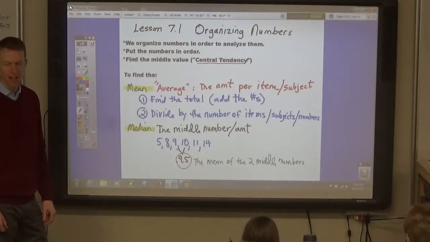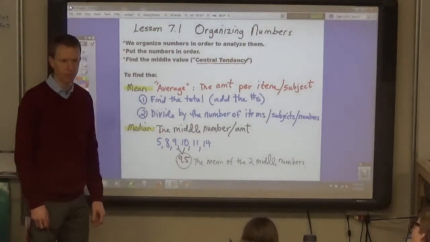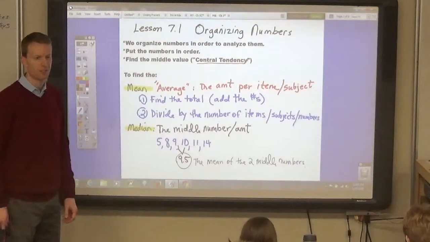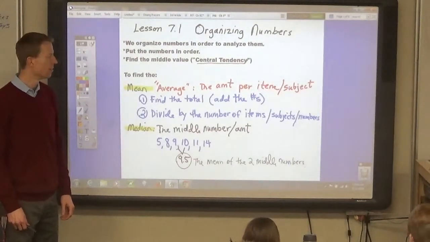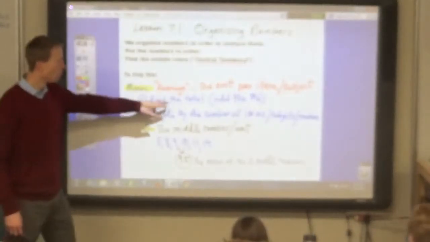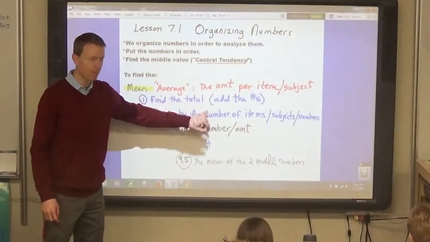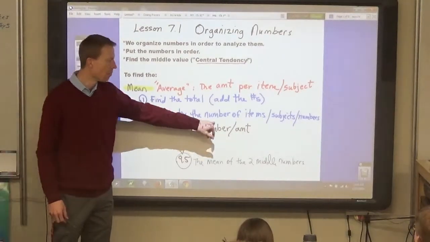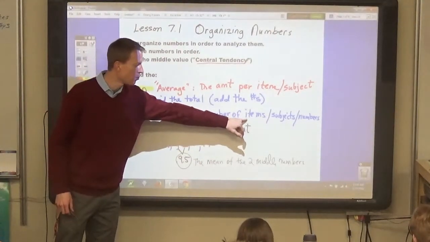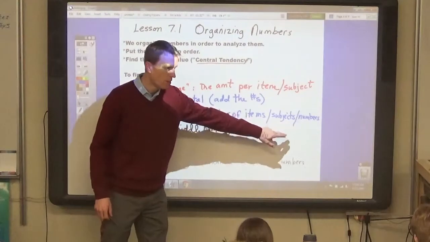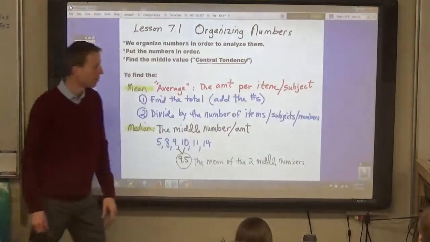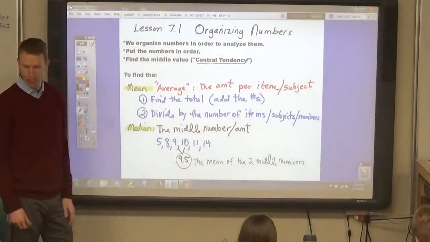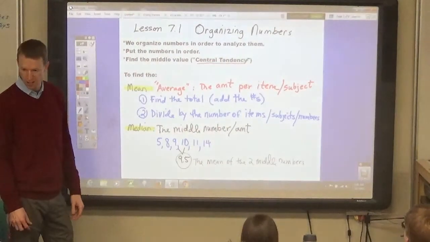What is his mean amount per game? Alex? 250. The total amount was 500, and then divided by the number of games, which was the number of subjects, or the number of numbers. When we divide 500 by 2, you get 250. That's what average is. That's what mean is.